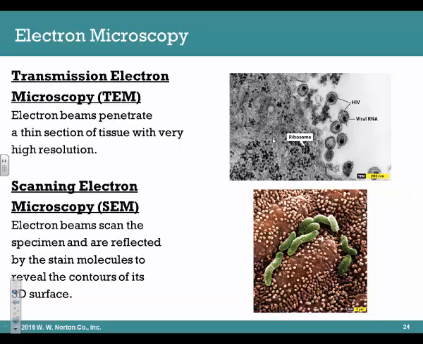Here are some examples. In the upper image, there are some virus particles that are budding from a white blood cell that they had infected. All electron micrographs, the images that you get from an electron microscope, are always in grayscale.